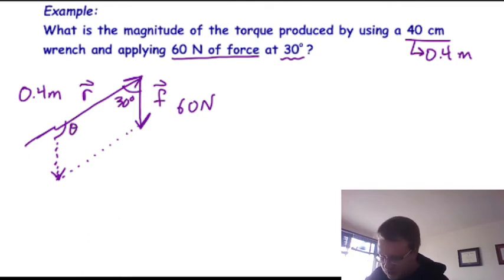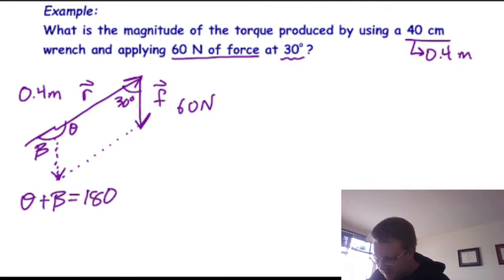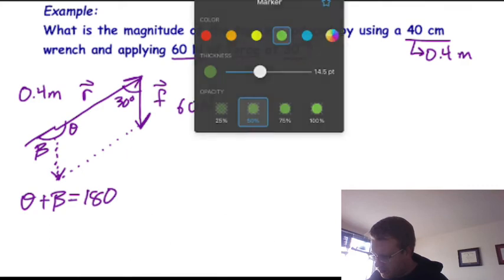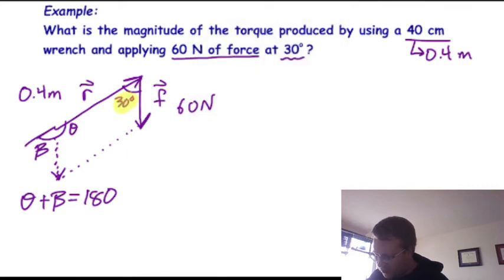What do I know about this situation? Well, I know that my theta and beta here are going to be supplementary, so theta plus beta equals 180. I know that this angle here is 30 degrees, and that means this angle here is also going to be 30 degrees.